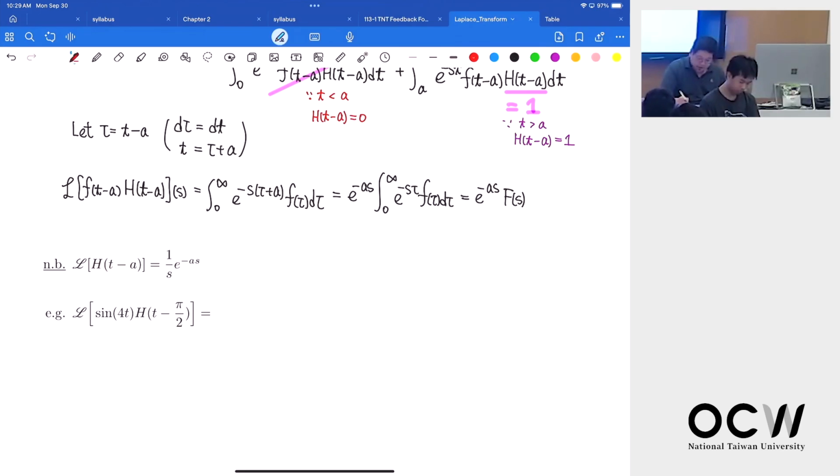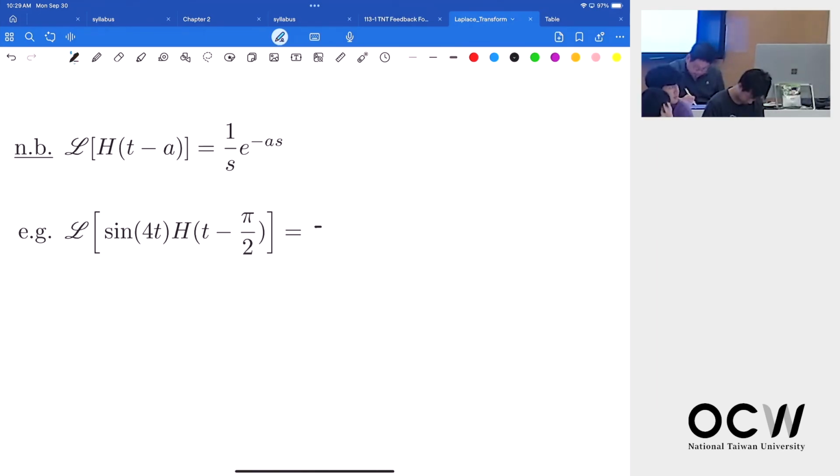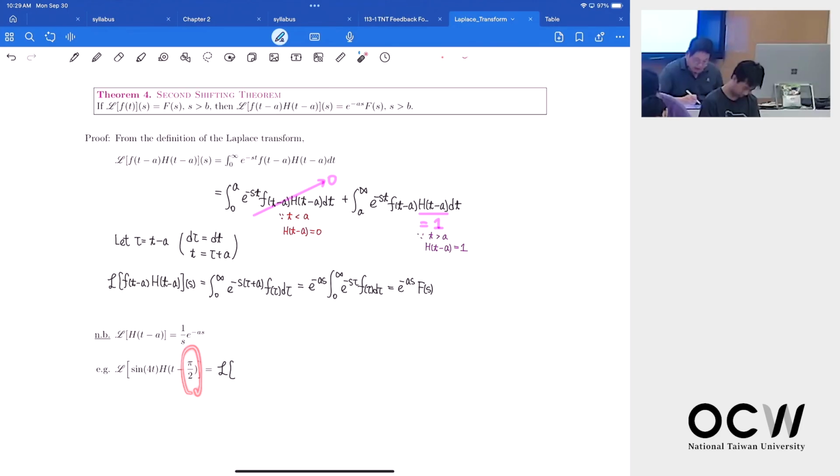What is the Laplace transform of the sine function? If I want to use this theorem, I also need to shift the function itself by a. So I need to shift the function by pi over 2.